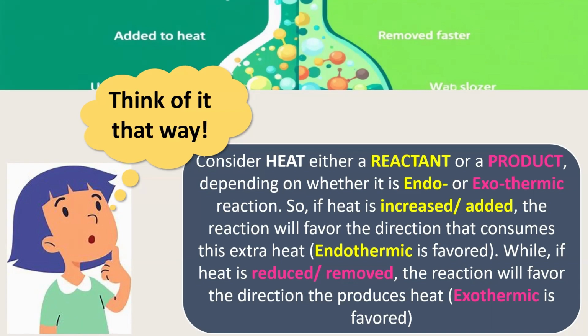While if the heat is reduced or removed, the reaction will favor the direction that produces more heat to compensate for the reduction or removal of heat. And this type of reaction, the reaction that produces heat, is the exothermic reaction. So in that case, exothermic is favored.